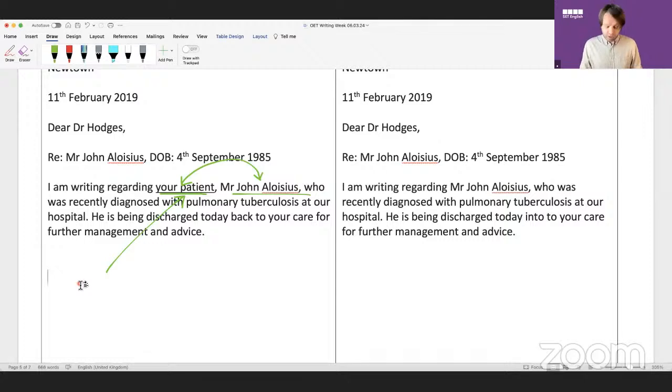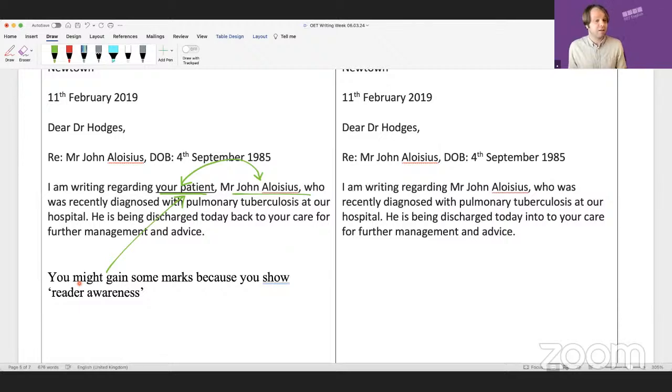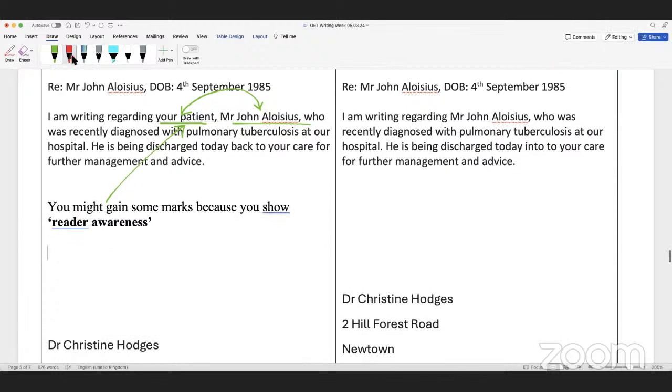Yeah. And actually, one thing to mention here is, Dr. Saki, you might gain some marks because you are showing what's called reader awareness. And this is in the OET criteria. What does that mean, Dr. Saki, reader awareness?